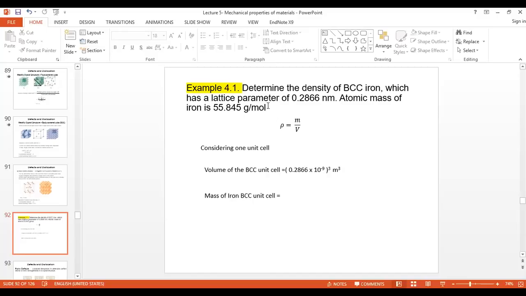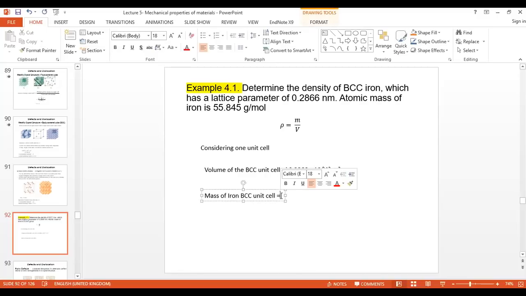Per a mole, there are Avogadro number of atoms, right? So to find the weight or mass of one atom, you have to divide this amount by the Avogadro number.